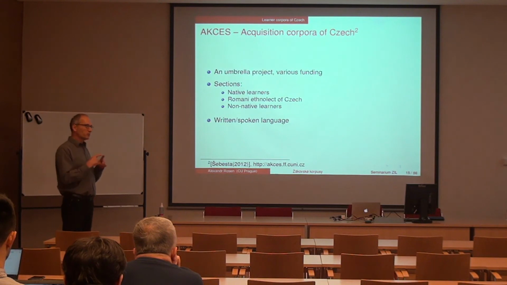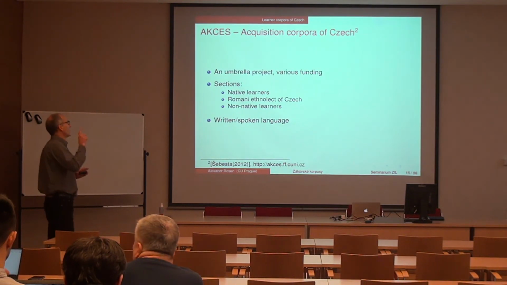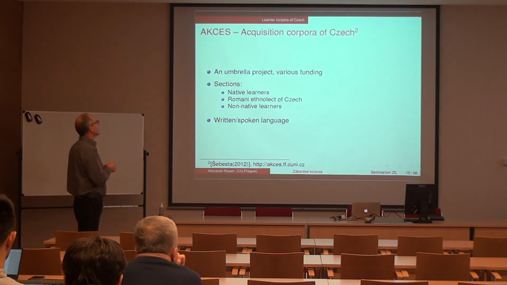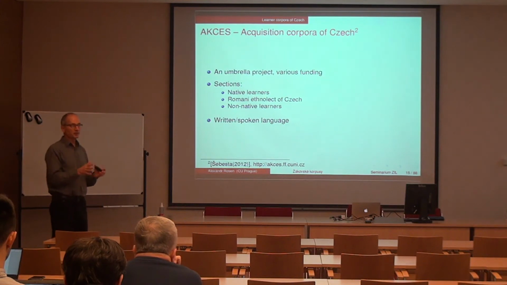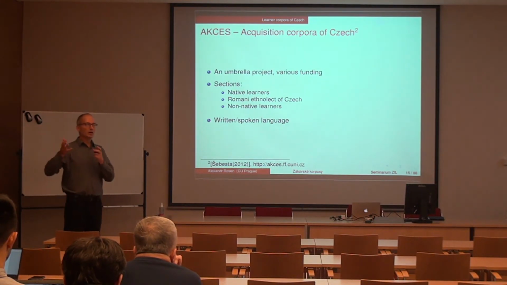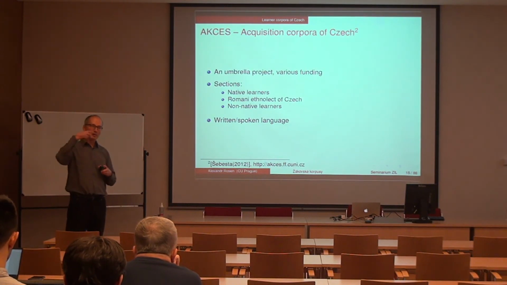Now the other project is much larger, and it includes native learners. I told you. Then also we have native learners who grew up in families where there is a tradition of speaking Romani, but they are no longer fluent in the Romani language, and so their Czech is influenced by that tradition.